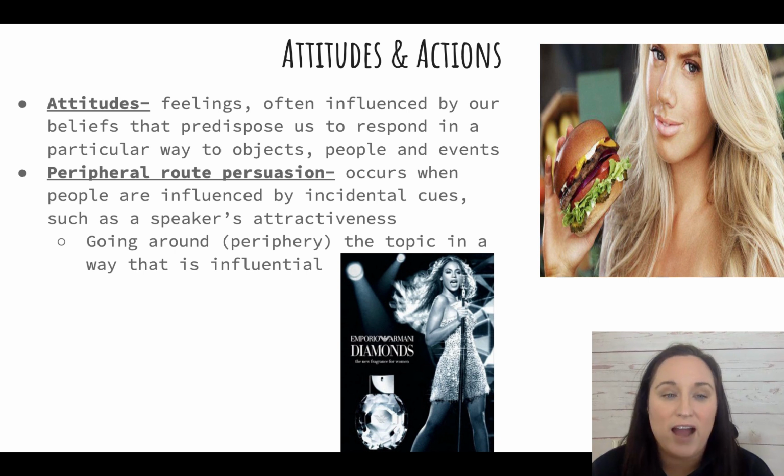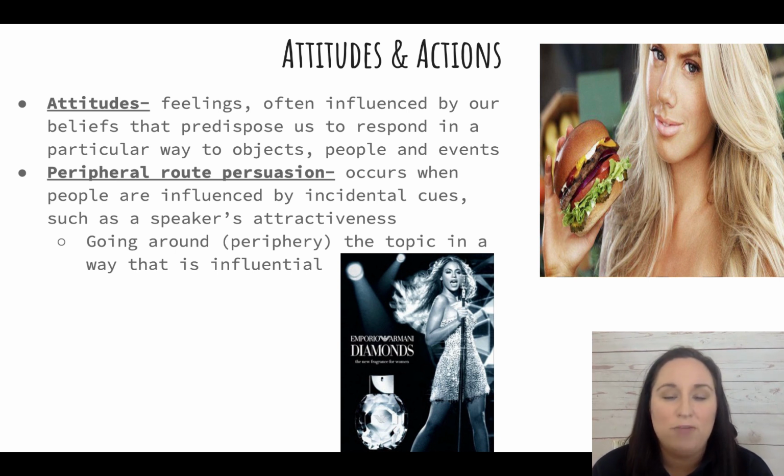So, our attitudes and our actions. These have reciprocal effects. Our attitudes are feelings that are often influenced by our beliefs, which are thoughts, and they predispose us to respond in a particular way to an object, a person, or an event.